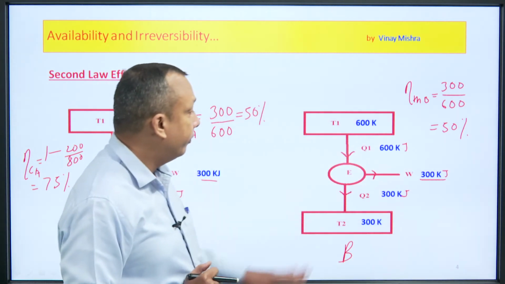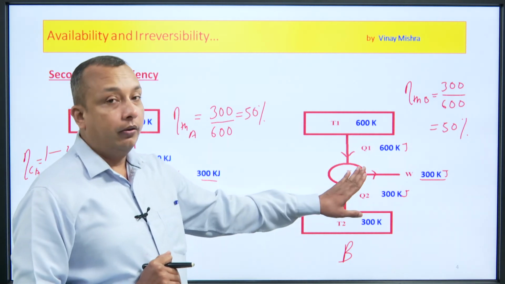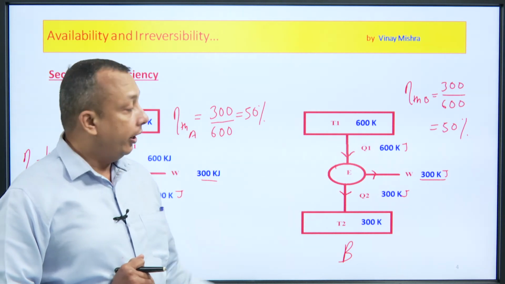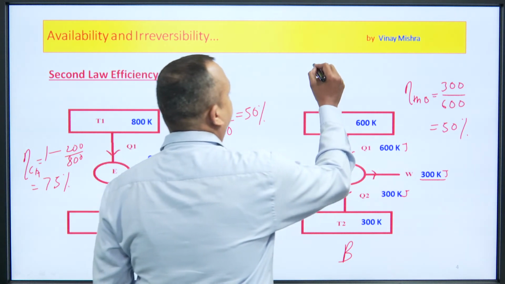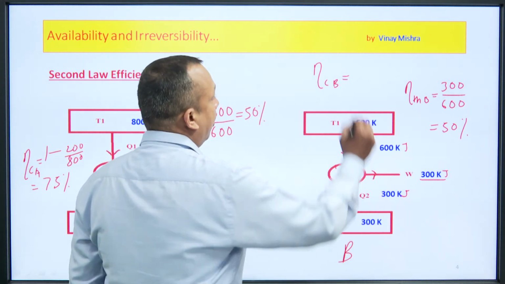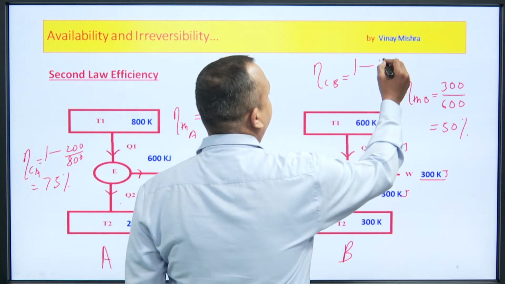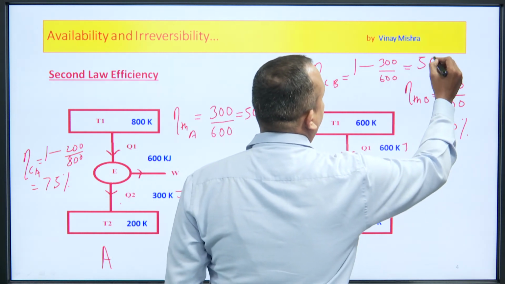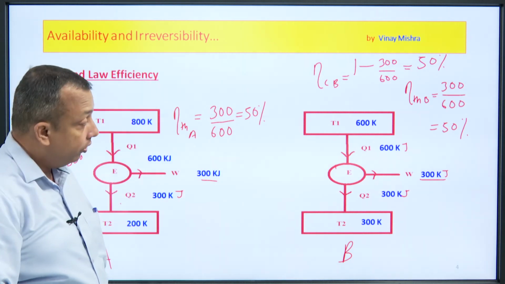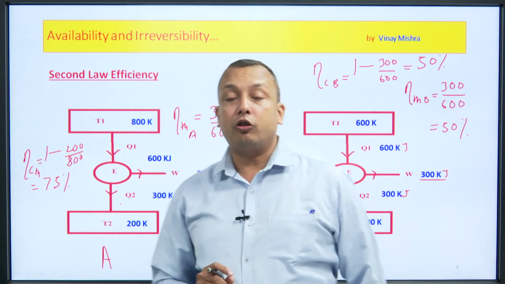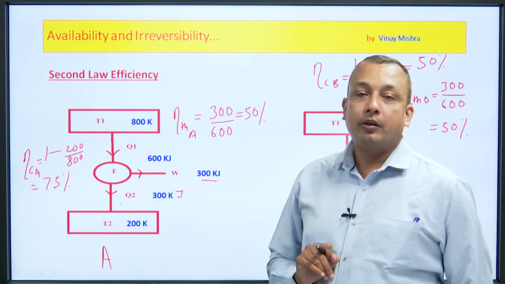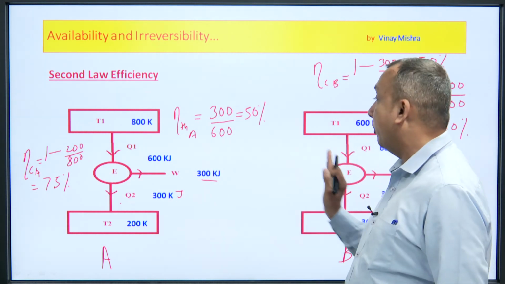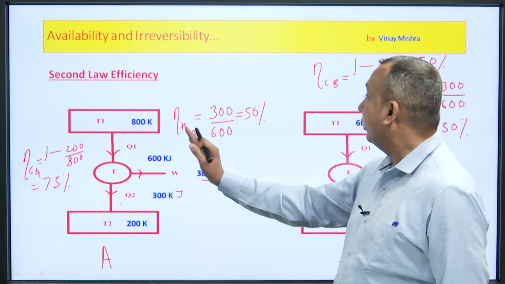Now, if we talk about B and find out the efficiency of this engine in terms of Carnot cycle efficiency, or its maximum efficiency, then this must be equal to 1 minus this upon this. Now we see the main point: we have the same amount of work output and the same actual thermal efficiency, 50%.